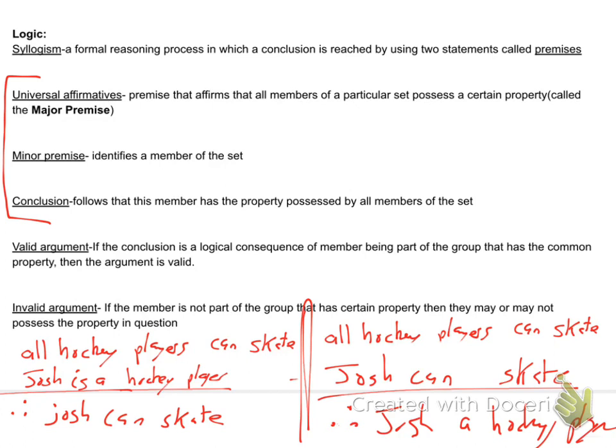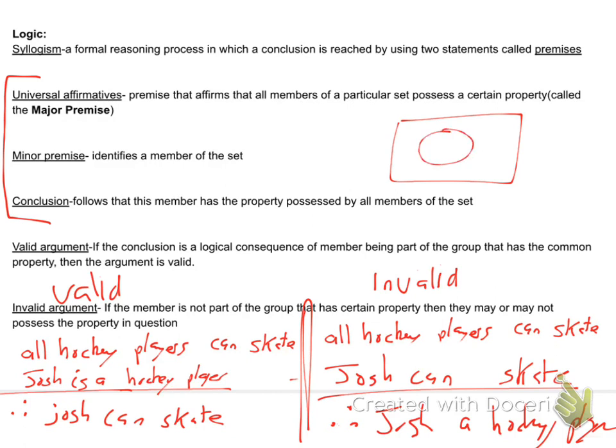What I'm saying, guys, is the first one was a valid argument. The second one is invalid, because it does not place Josh into the group. Therefore, you cannot say with certainty that he is a hockey player. Just because you have a quality doesn't make you a person on the team. Now, I'm going to squeeze it into this area here. Look at this. Here's that world.